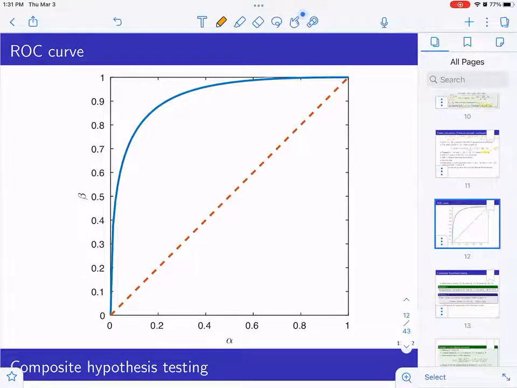This line is the performance of a coin flip. So if I just flip a coin, that would be a randomized rule, which is equal to 1/2. Okay, not exactly that.